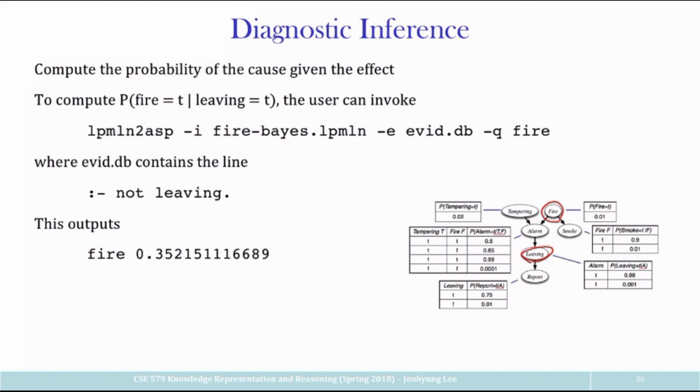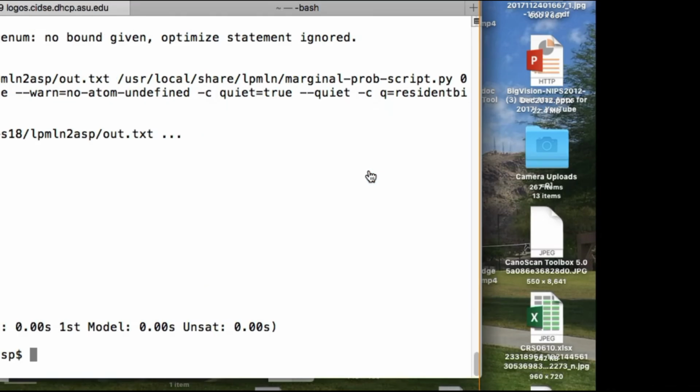The cause of the fire, what is the probability of fire to make people leave? If we want to represent this, given the formalization in the previous slide, we have to give the evidence. We observe that people are leaving, and then you query over the probability of fire. So let's actually look at this.